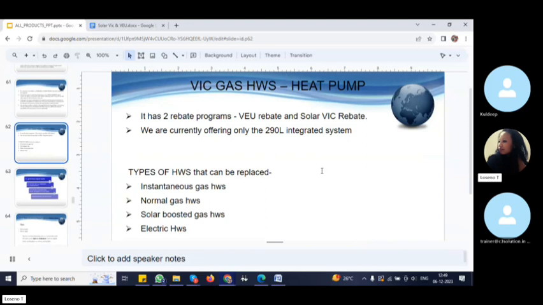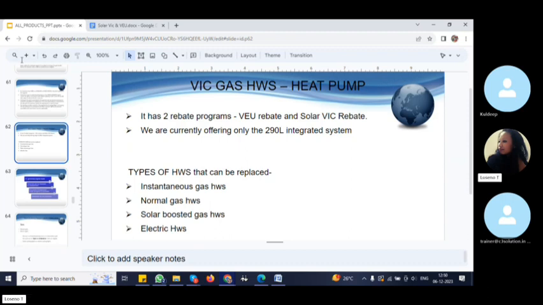Okay, so now that's about the heat pump and the old hot water system. So you need to understand what we are doing here. We are replacing the customer's existing old, or traditional, hot water system with a new energy efficient system called the heat pump.